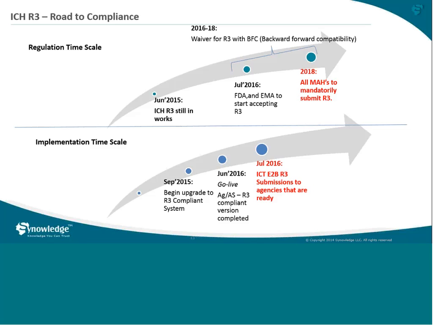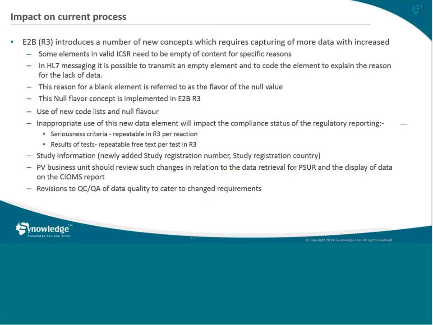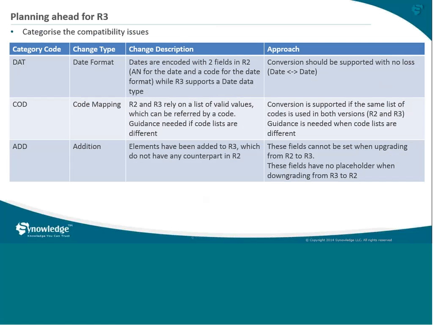Okay, thank you. Question 2. Please, can you go into a little bit more detail on the changes of format for each category code? I believe that's relating to the planning ahead for R3 section of the presentation. I assume this is the slide wherein the customer has raised the point.